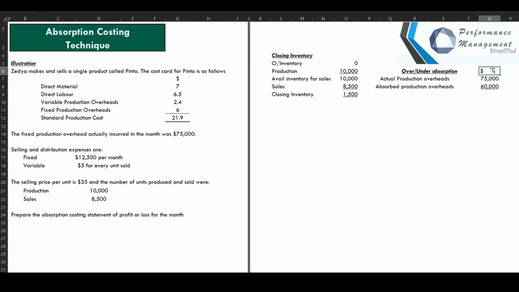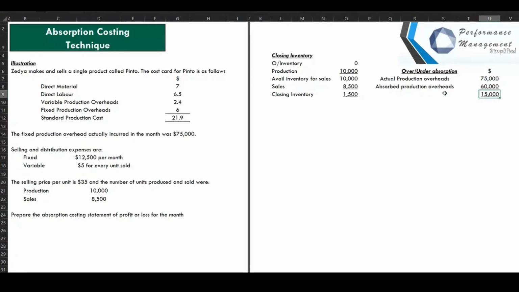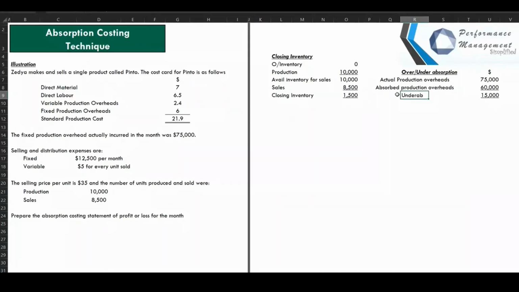Remember, we are operating in dollars. So if I compare 75,000 with 60,000, I have a difference of 15,000. I ask the question, is this a case of over or under absorption? If I have an actual overhead of 75,000 and what I've only absorbed into my system is 60,000, that means we have under absorbed overhead. So this is a case of under absorption.